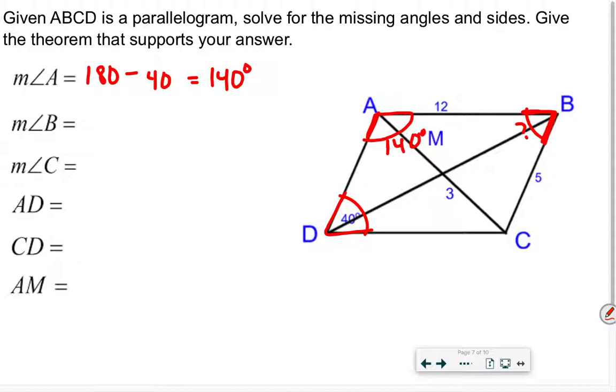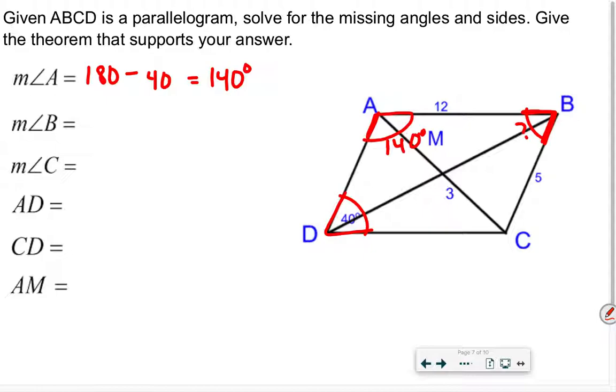What equals 180? Okay, look at your notes, dear. So we'll go back to the notes, and on the first page, what did it say about the opposite angles of a parallelogram? They're congruent. And then the consecutive angles are supplementary.